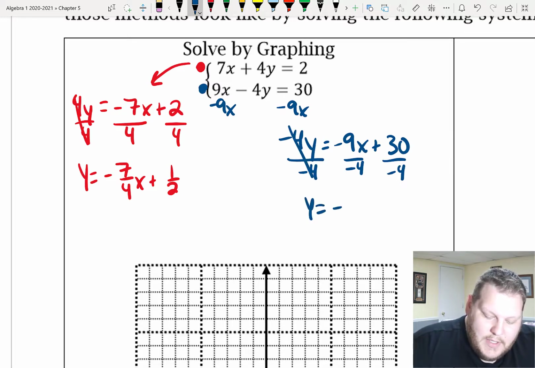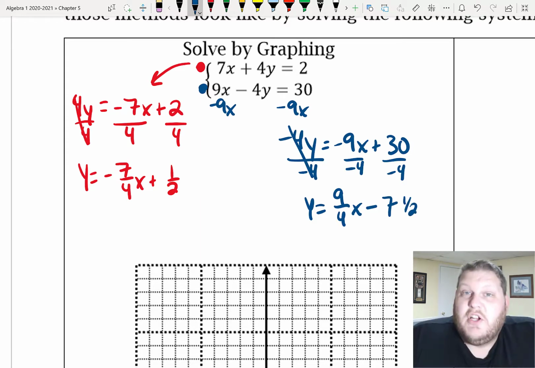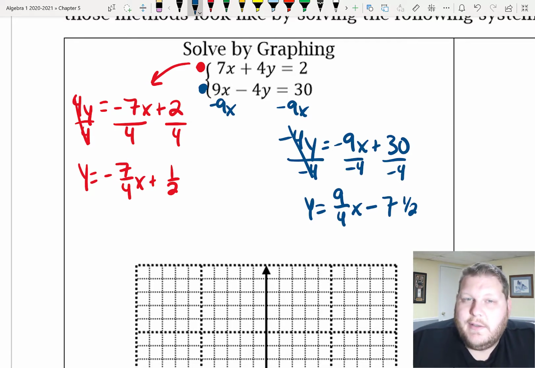That gives me y equals a positive 9 over 4 x minus 7 and a half, or 15 over 2 if you want to write it as a fraction. But since it's my y-intercept and I'm going to graph that as one of my points, I'm going to just leave it as 7.5.